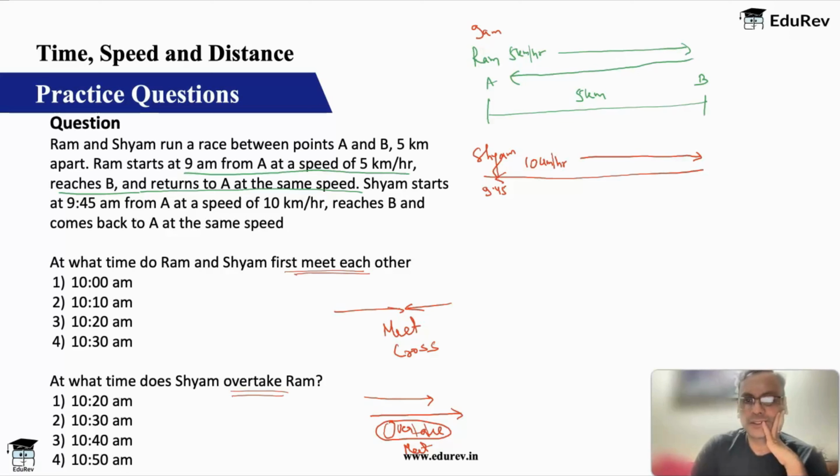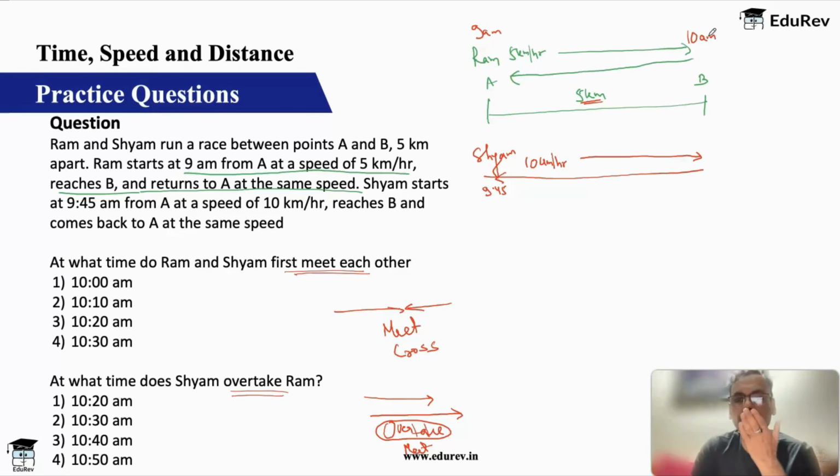Now, Shyam has double the speed of Ram, right? The distance to be covered is 5 kilometers. So Ram starts at 9 a.m. That means Ram will reach here at 10 a.m. 1 hour he will take to cover 5 kilometers and he will reach back at 11 a.m. Shyam, on the other hand, has a speed of 10 kilometers per hour.